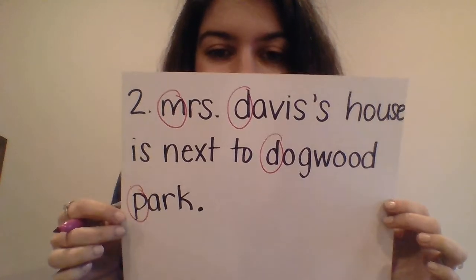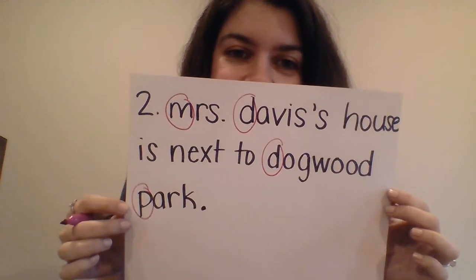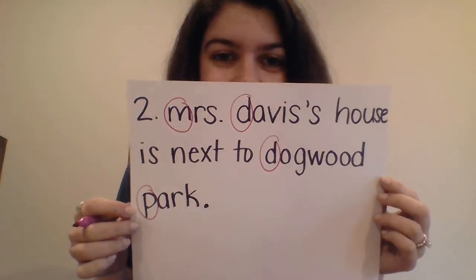The M in Mrs., the D in Davis's, the D in Dogwood, and the P in Park. There were 4 that needed to be capitalized in this one. If you got all 4, way to go you. Give yourself a point. If you missed any, give me the point. I wonder who's winning so far.